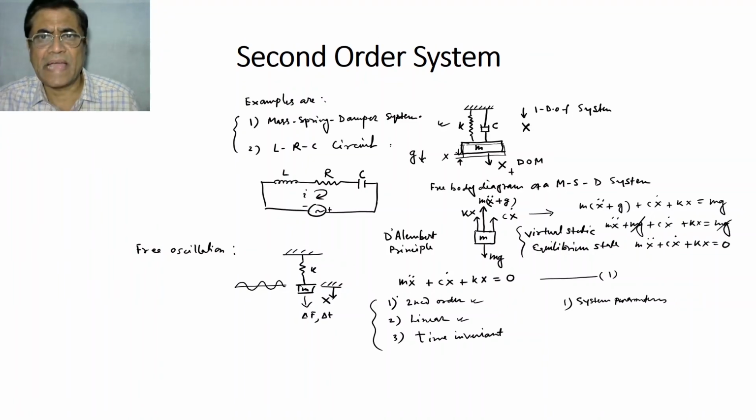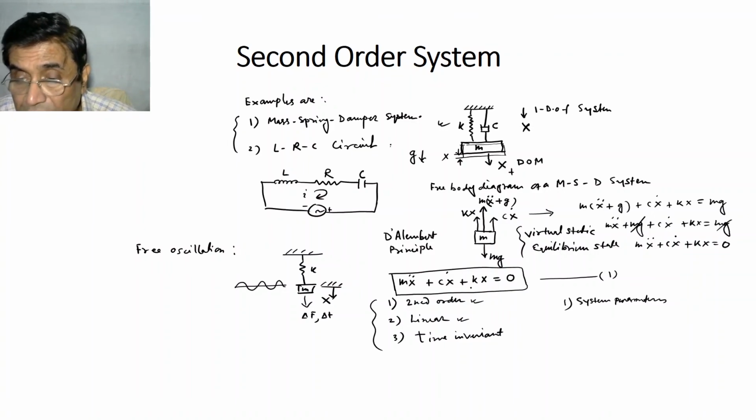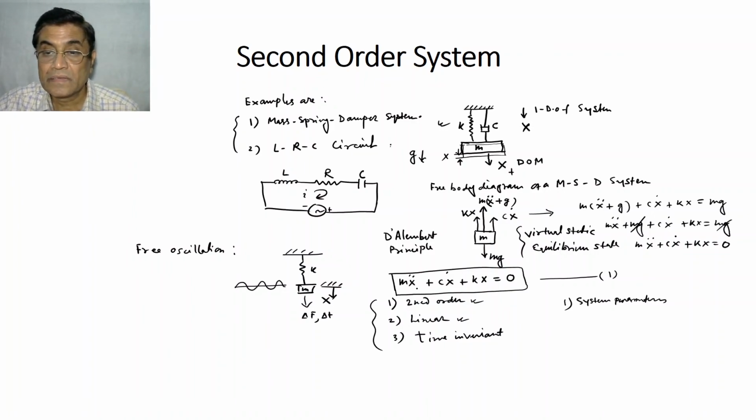What is the meaning of that? I need to solve this differential equation, and the solution is not so easy. We'll see how to solve this kind of equation. But when I get the solution, you will see you will get two solutions.